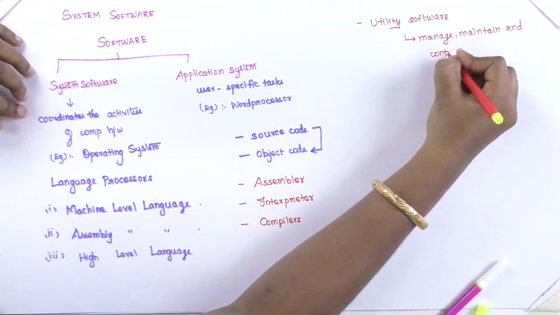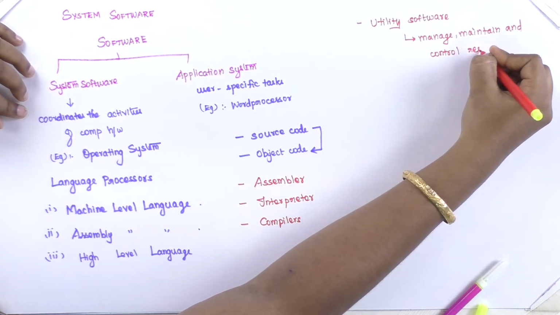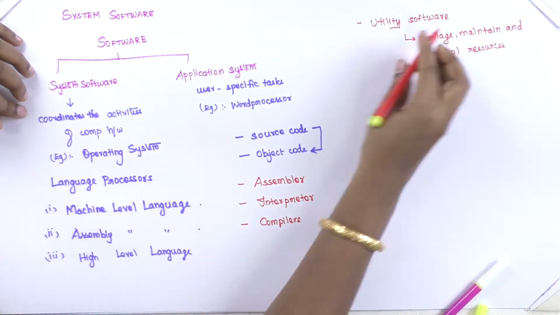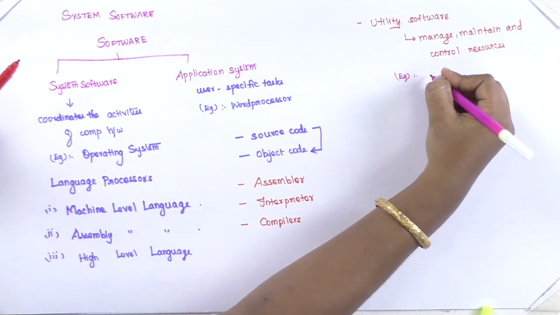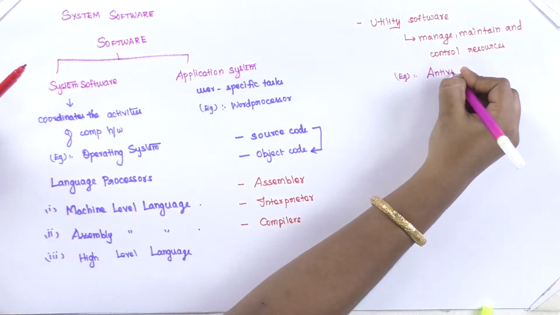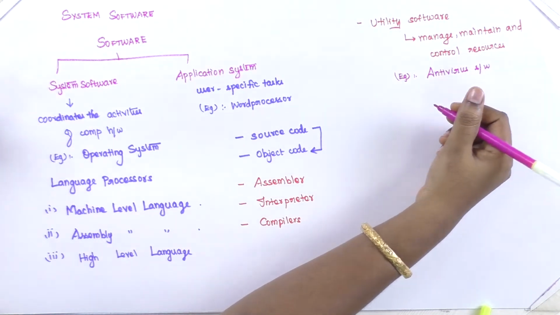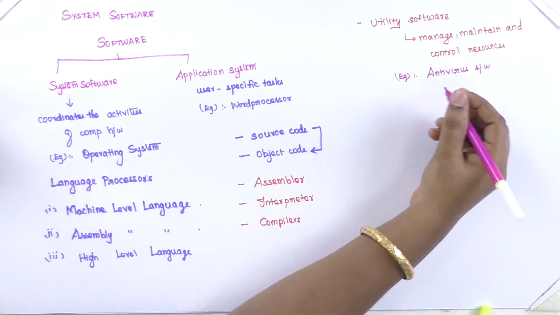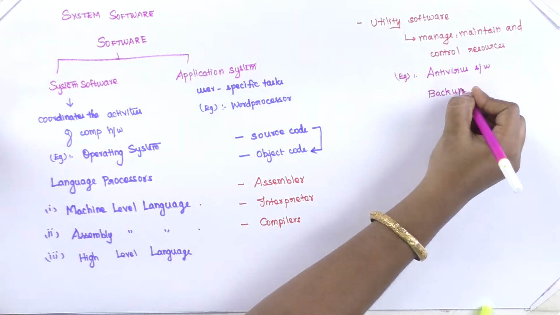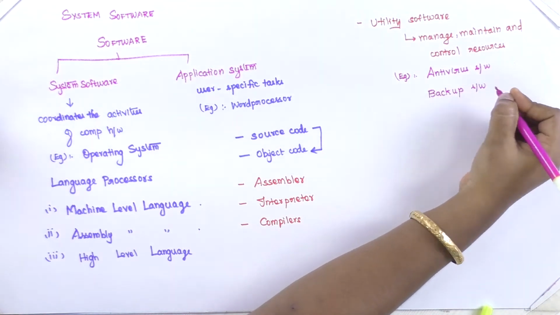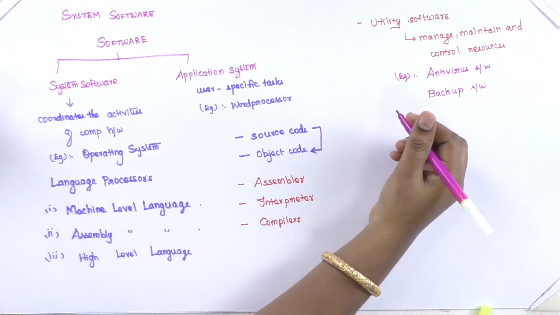An example of utility software is antivirus software. What is antivirus software? Antivirus software helps to protect our computer from viruses and other harmful programs. Other utility software is backup software. Backup software helps in creating a backup of the files in our computer.